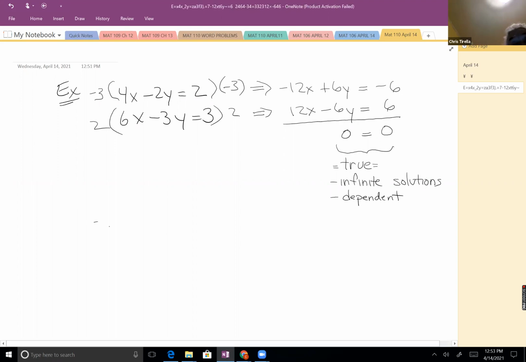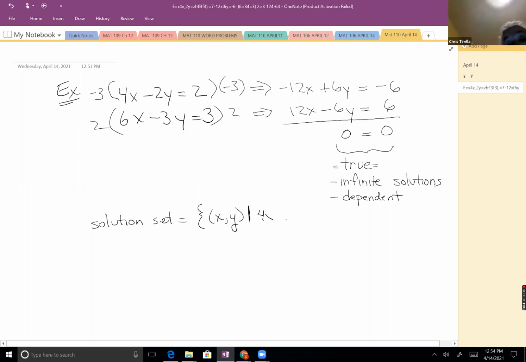So my solution set would be the set of all of the points on either equation. Since they're points, we'll say they're the set of ordered pairs x, y, such that, and then we're going to put an equation that shows the relationship. We can use any of them.